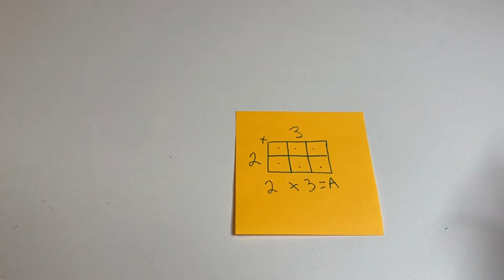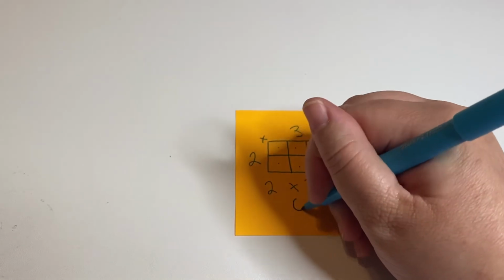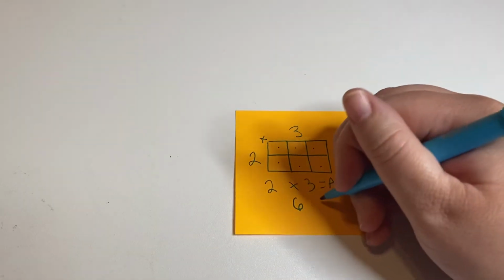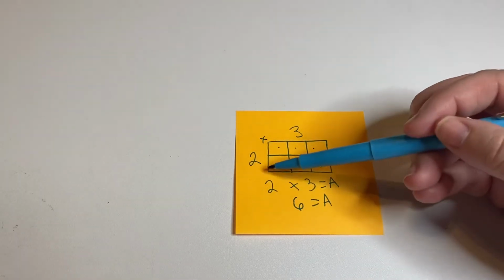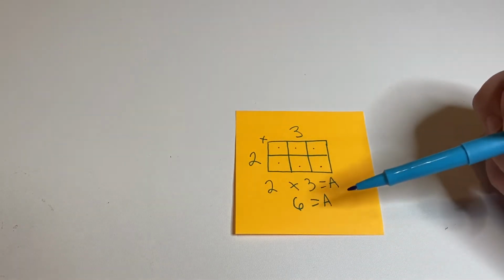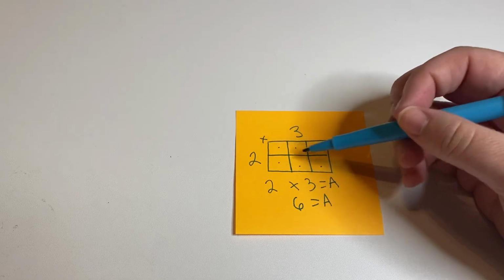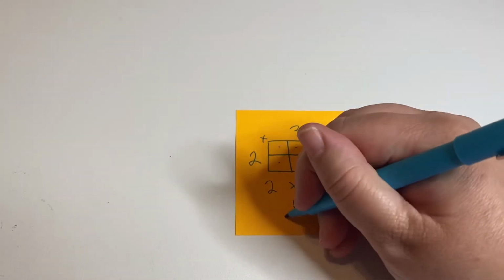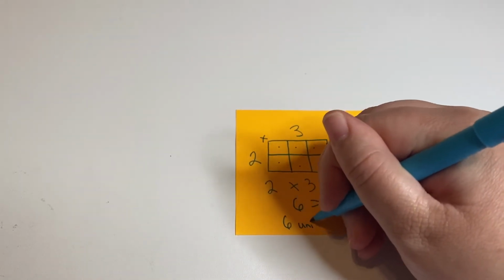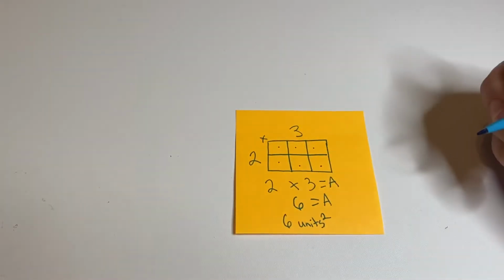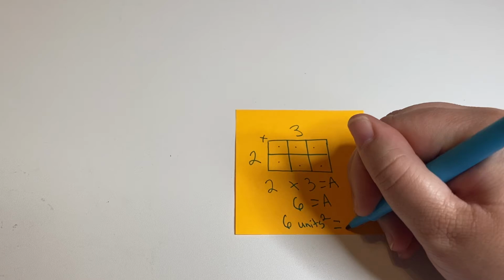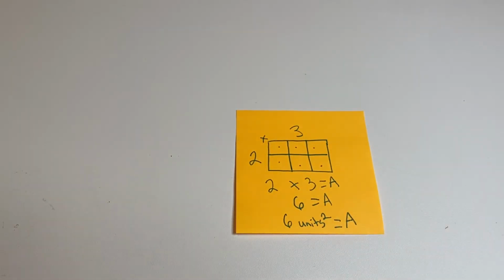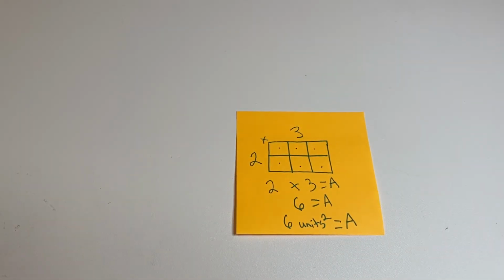So in this case, it's going to be equal to 6. It's not just 6, it's not just a length around a one-dimensional thing. It is 6 units. And if you remember from yesterday, when we do square units, we put a small little 2 up there. And 6 units squared is equal to the area.